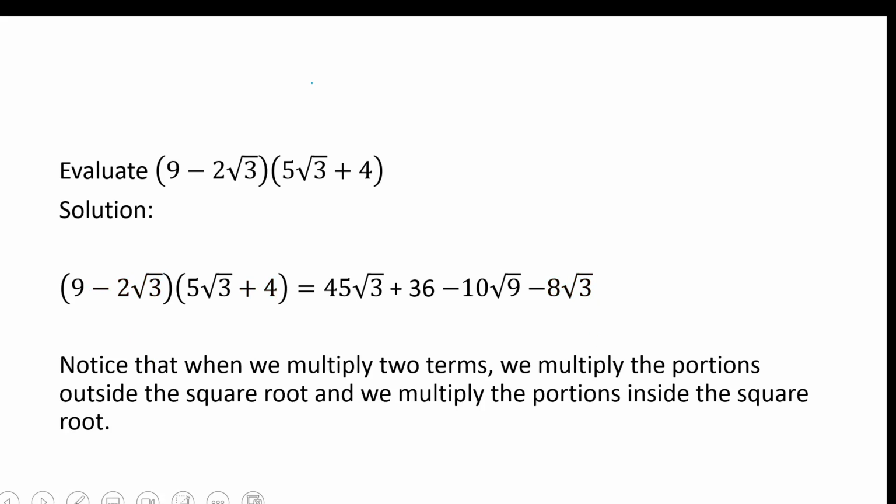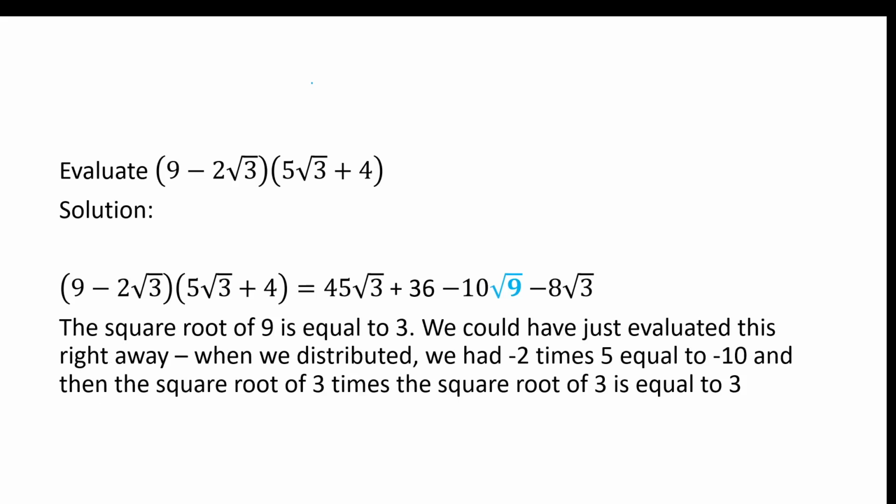Notice when we multiply two terms, we multiply the portions outside the square root and we multiply the portions inside the square root. Now, the square root of 9 is highlighted in blue there. Every once in a while when you do this method, you're going to come up with a radical which actually can be square rooted to an integer or otherwise simplified.